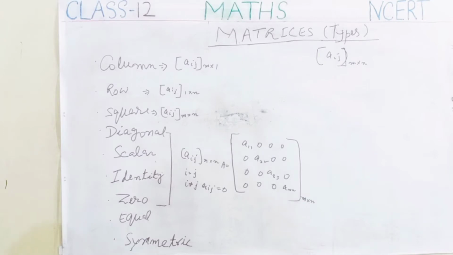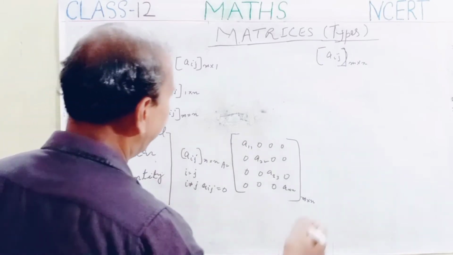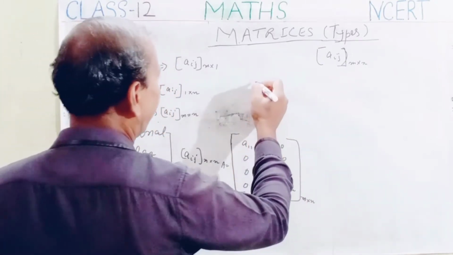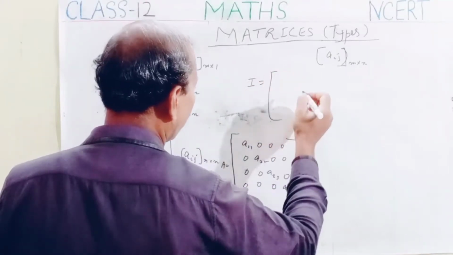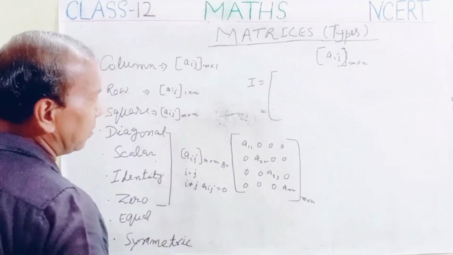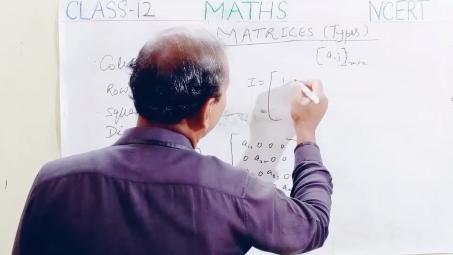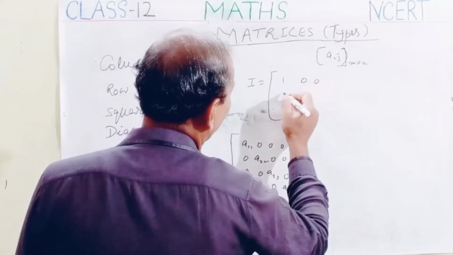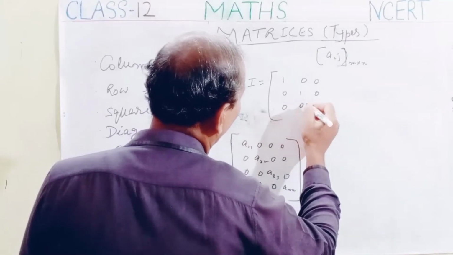One important thing is the identity matrix. This identity matrix is denoted by I. Let's suppose I am taking order 3 cross 3. So the values will be like this: 1, 0, 0, then 0, 1, 0, then 0, 0, 1.